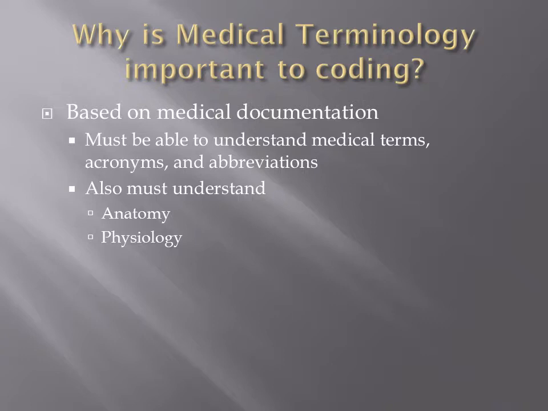We also have to have a good understanding of anatomy and of physiology. Anatomy is the physical structure of the body, and physiology is how the anatomical structures function in a living person.